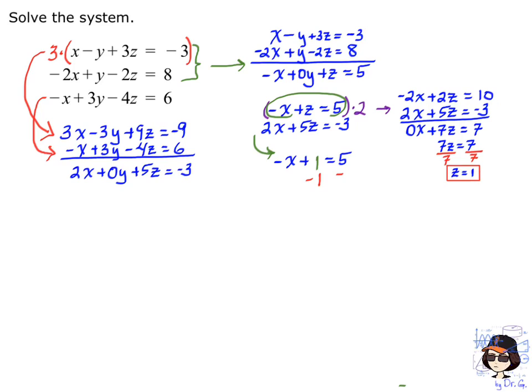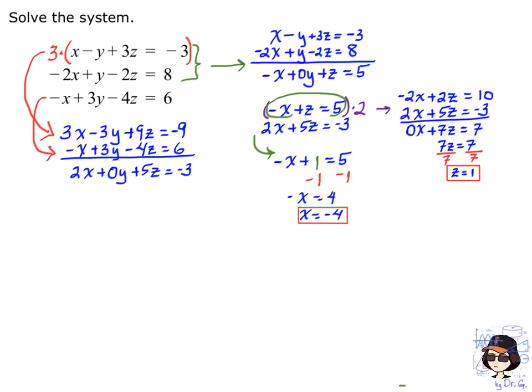If I subtract 1 from both sides, I get negative x equals positive 4. Now all I have to do is multiply both sides by negative 1, and I get positive x equals negative 4. So I've found x. Now I've got z, I've got x, and I still have to go back and find y.